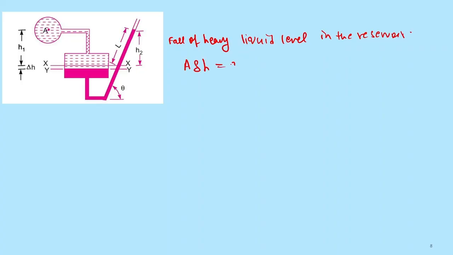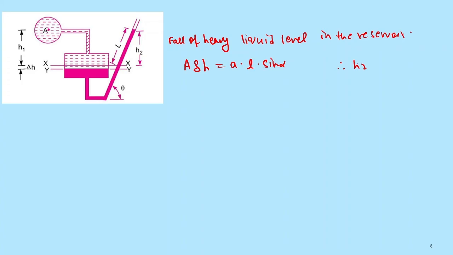So how can we prove it? First we can write fall of heavy liquid level in the reservoir, which is area into del H, equal to a into L into sin alpha.